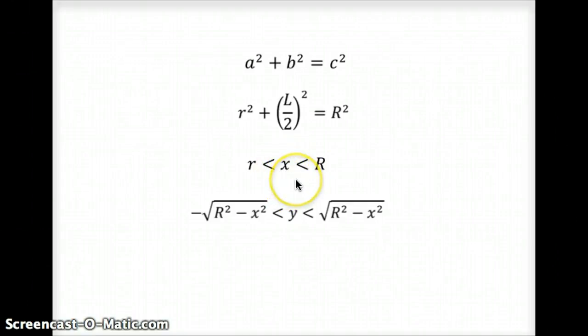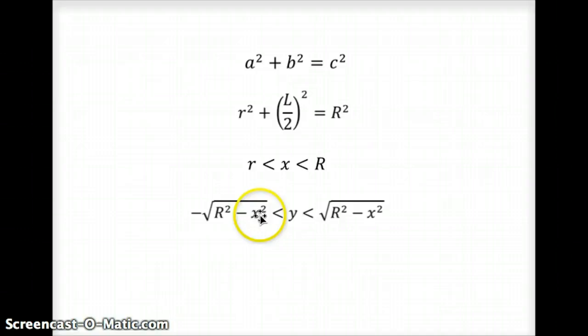So we can say that x is less than big R and greater than little r. And y, I'm pretty sure y is around the value of L over 2, and x is around the value of r, closer to big R. If you want to solve for y with L over 2, you subtract little r squared from big R squared, and then you square root it and you get this value.